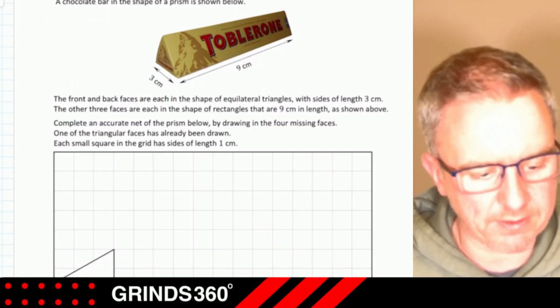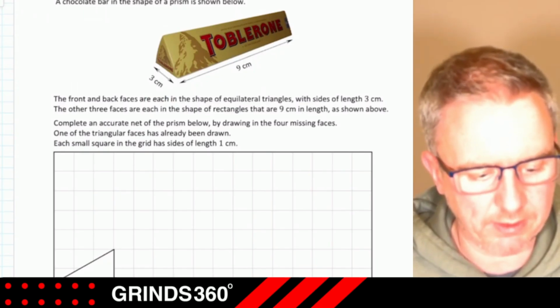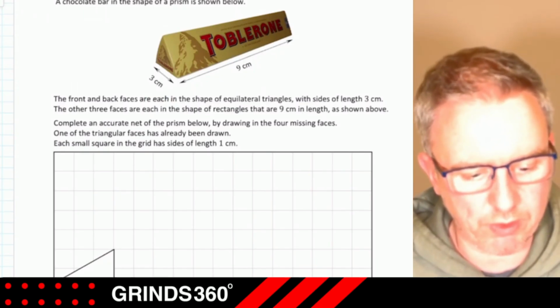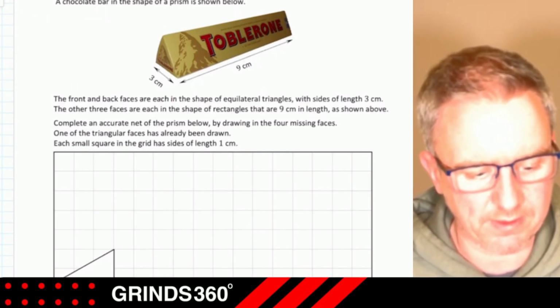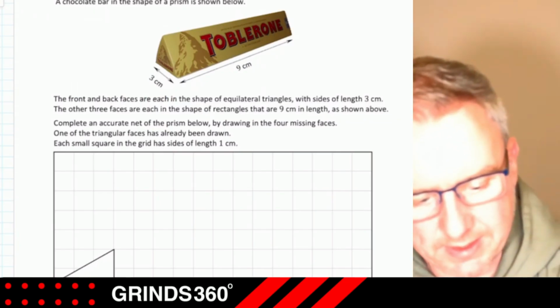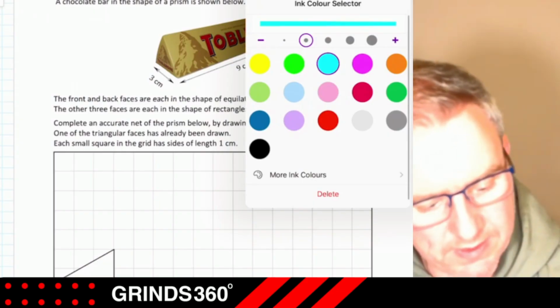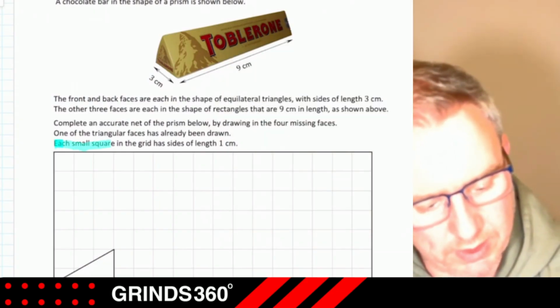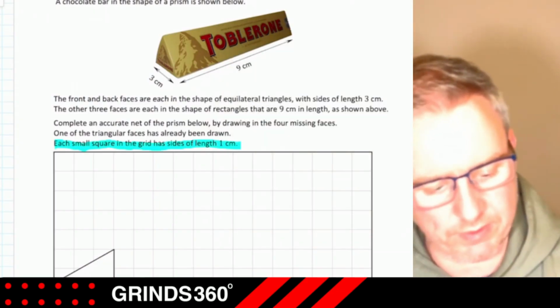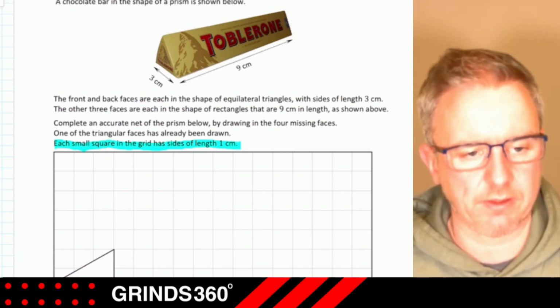And then they ask us to complete an accurate net of the prism below by drawing in the 4 missing faces, okay? And then they give us this little piece here, okay, that you could easily miss. Each small square in the grid has a length of 1 centimeter. That's what they are telling us, all right?